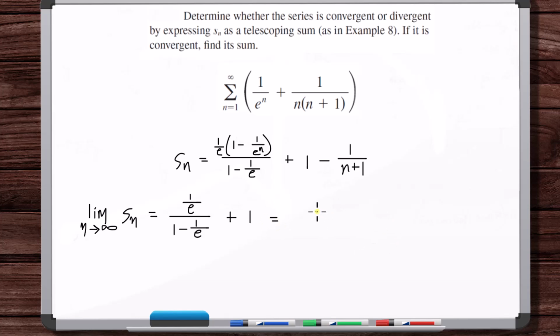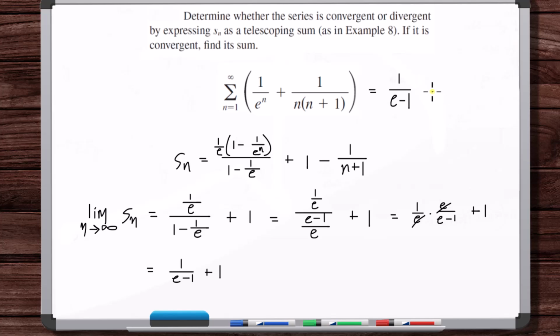So we've got e minus 1 over e over e times, there we go. So this sum converges and it's equal to that.